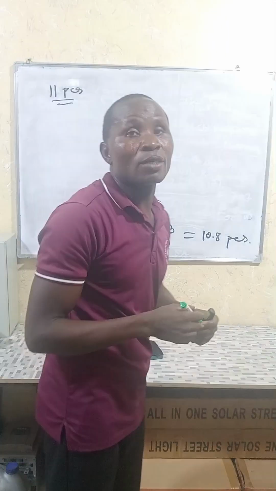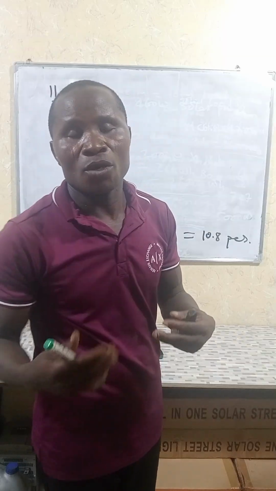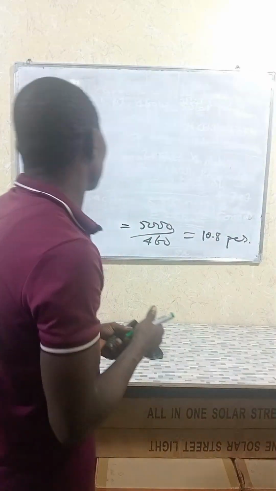Now in practical reality, we are looking at 12, because 11 is an odd number. If you connect in series 3, 3, 3, 3, it will give you 12. If you connect in series 4, 4, 4, it will give you 12. If you connect in series 2, 2, 2, it will give you 10. So I will advise you approximate it to 12. Either use 10 pieces or 12 pieces.